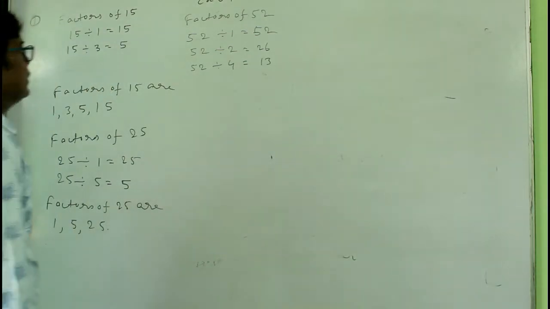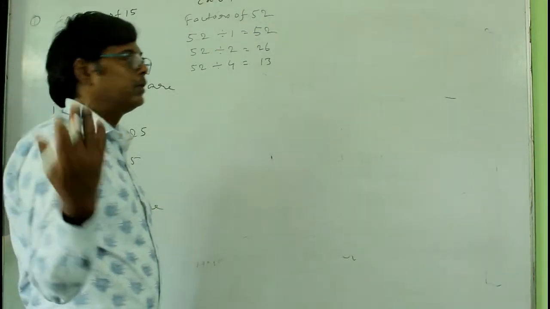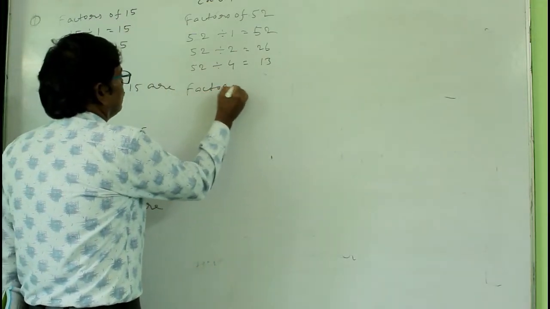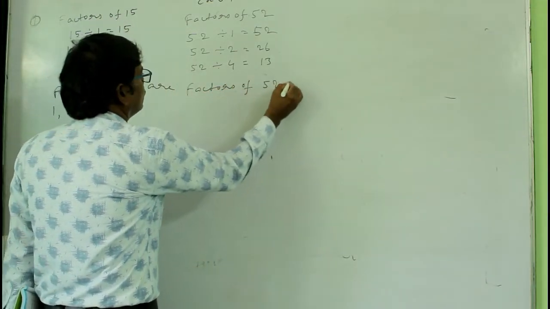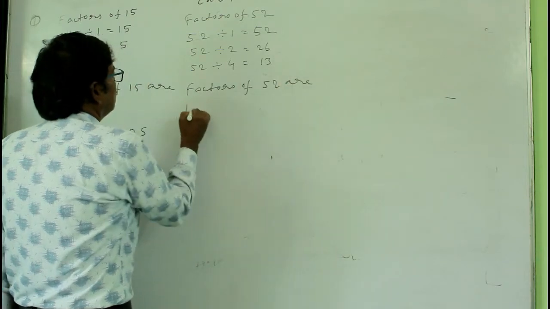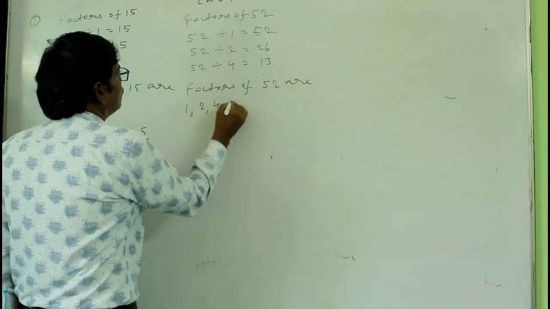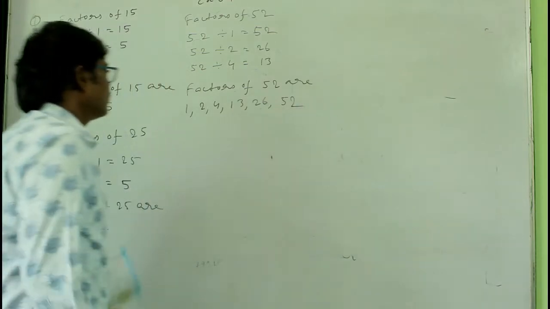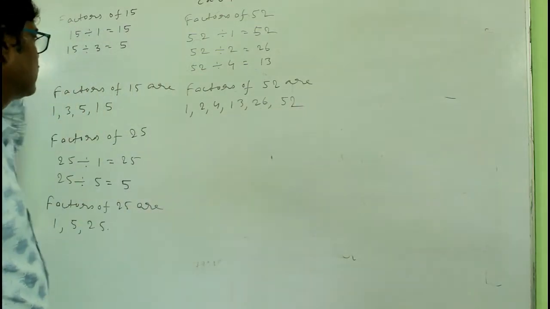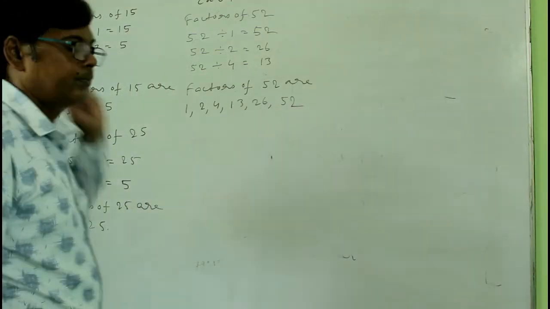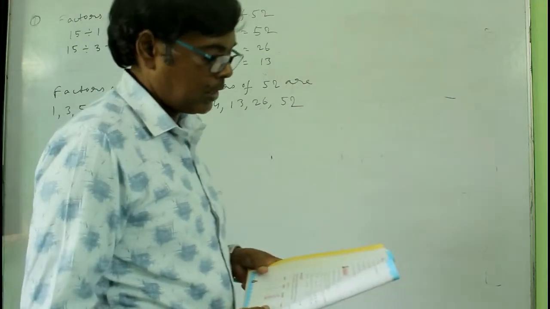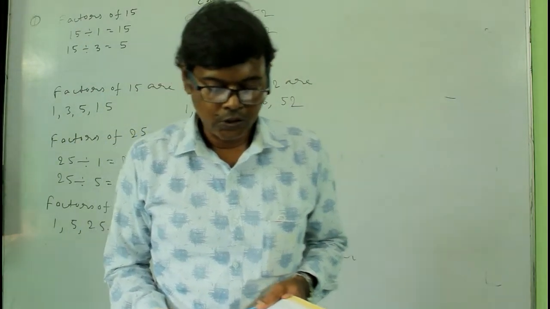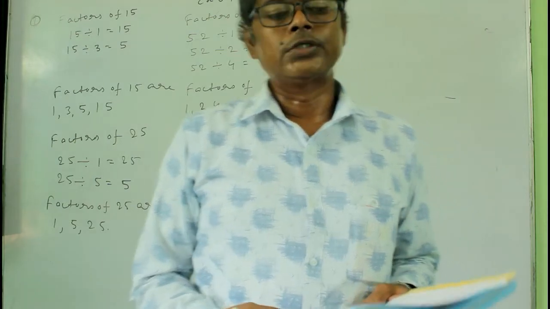It will go by 13, so it will be repeating. So the factors of 52 are 1, 2, 4, 13, 26 and 52. So I have found the answer of question number 1. You will find the factors of 44, 50 and 85 yourself, right?